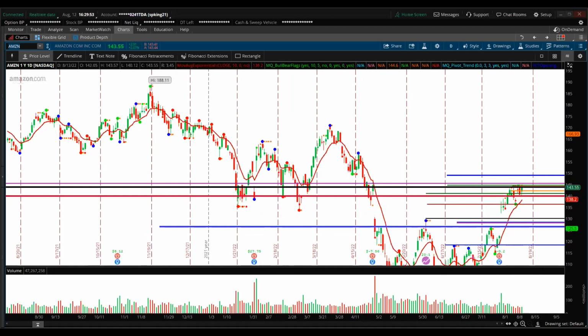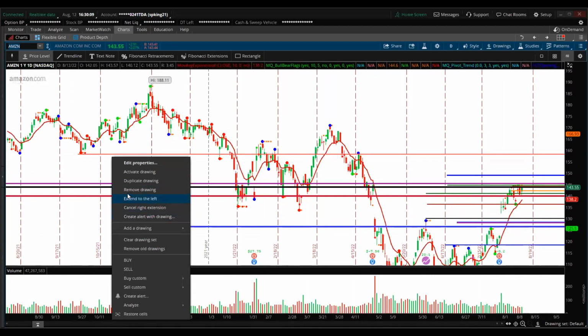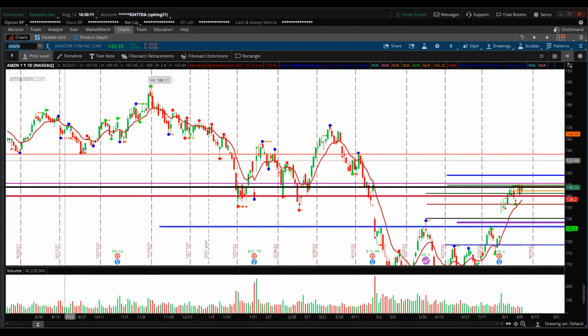And if I'm looking at where I think Amazon can go, the next target that I would be looking at, let's just say if we're looking here, this point, and I drop in this line, I go, okay, well, that's probably a pretty good target for Amazon if I'm thinking that it's going to go bullish, right?